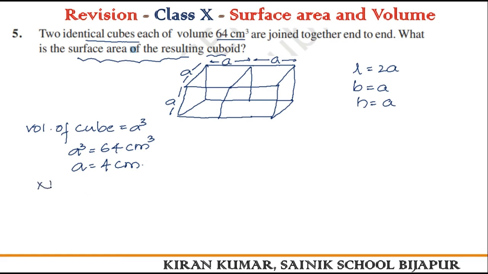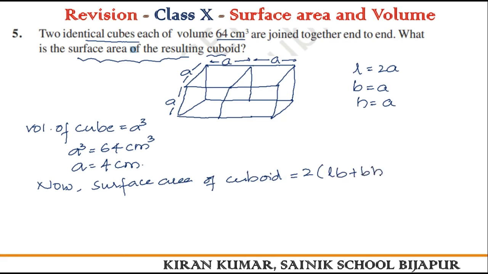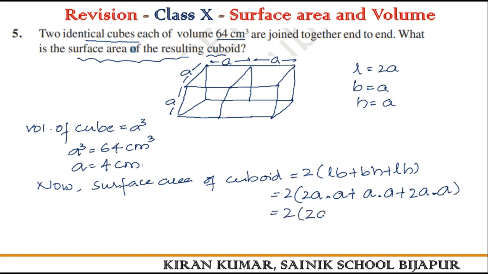Now surface area of cuboid is given by the formula 2 times LB plus BH plus LH. Now instead of L we need to take 2A, instead of B I need to take A, and H is A. So this becomes 2 times 2A square plus A square plus 2A square.